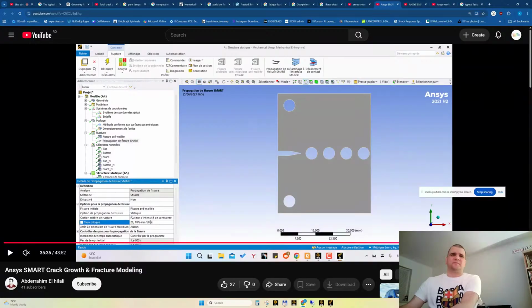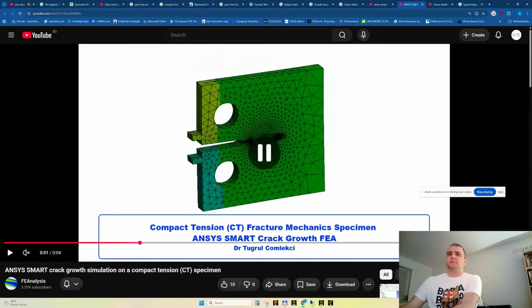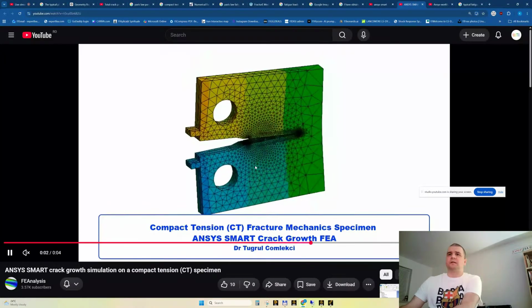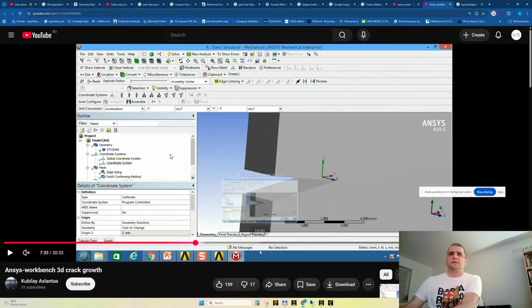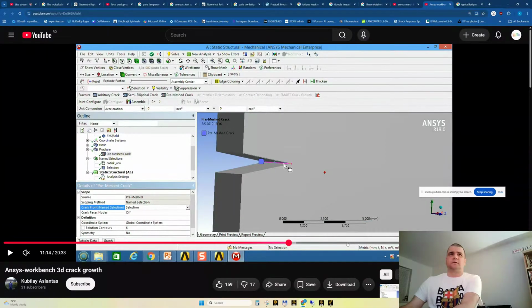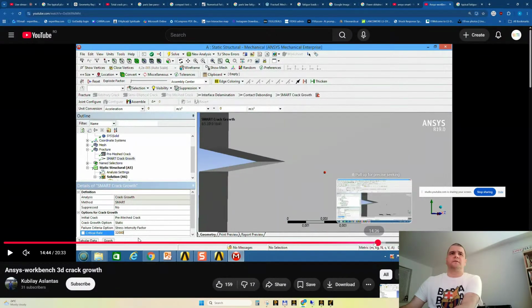Static again. So nobody went for fatigue. ANSYS smart crack growth. Yes, but we don't know what's inside. Other Turkish experts. Finish crack. What is this? No. We have smart crack.